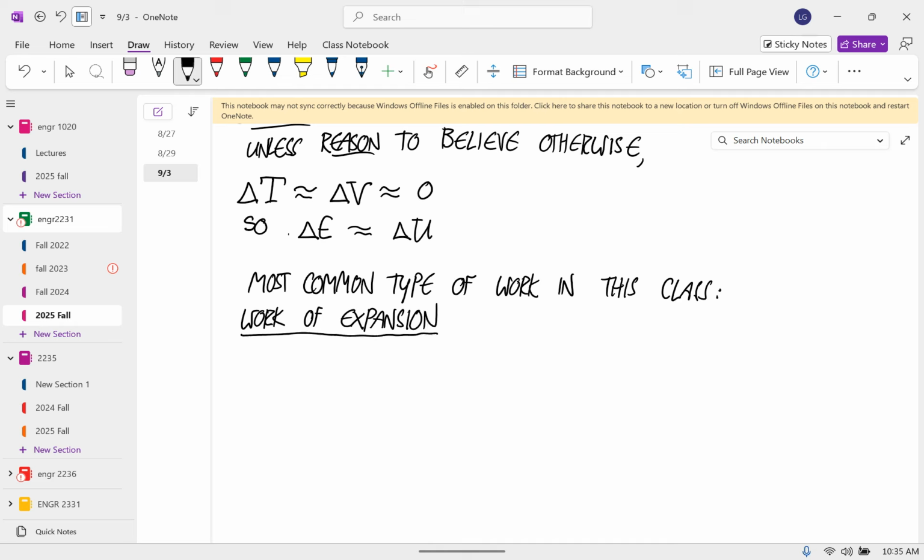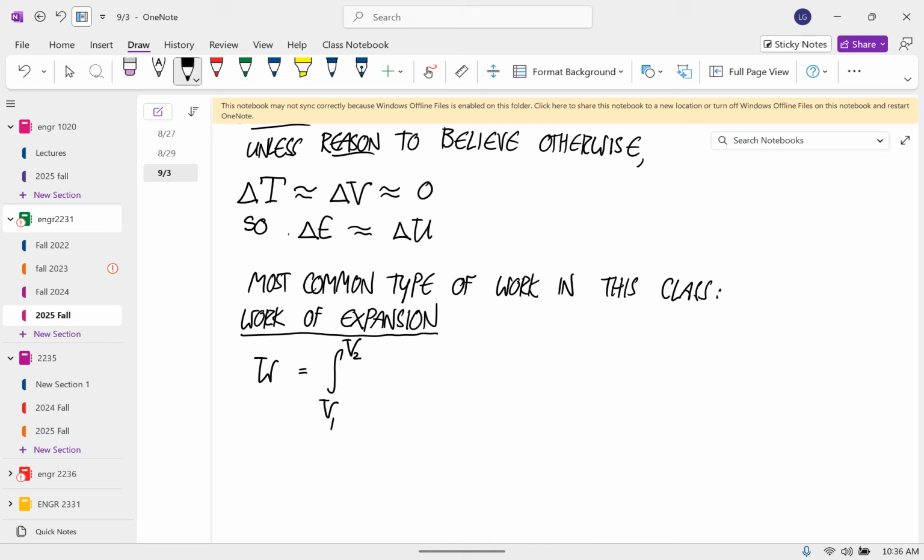And the work of your system expanding is the integral from the starting volume to the ending volume.